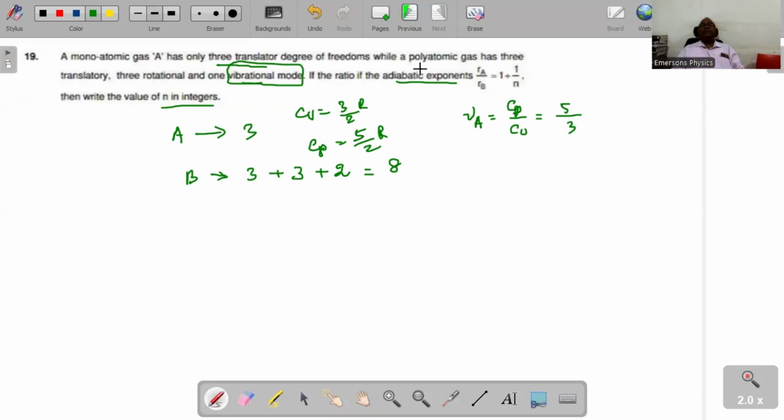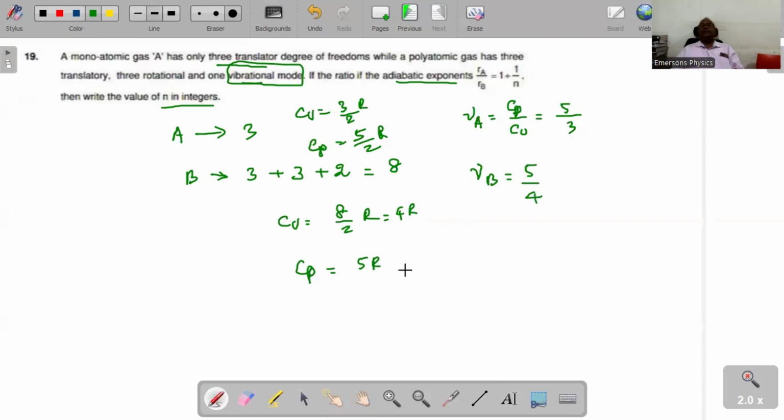For the second gas, Cv is nothing but 8 by 2 R, which is 4 R. Cp is 5 R. Cp by Cv is 5 R by 4 R.